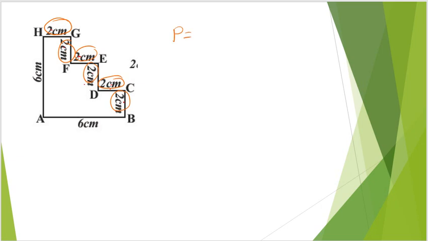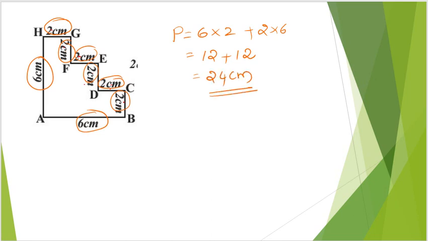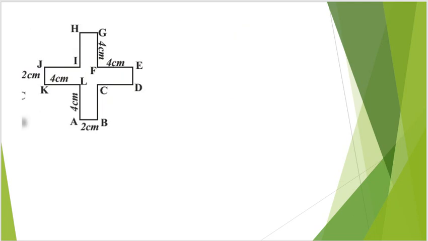So perimeter is equal to 6 into 2 plus, how many 6s are there? There are 2 6s, so 2 into 6. 6 2s are 12, 2 6s are 12. So 12 plus 12 is 24 centimeters.